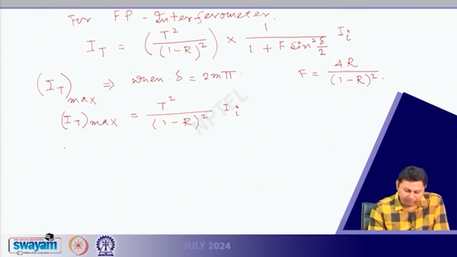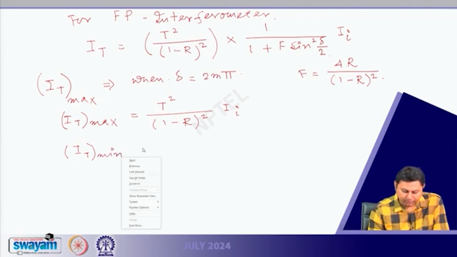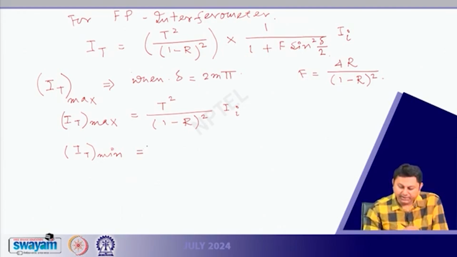In a similar way, if I want to find IT minimum, one can get this when sine square delta by 2 is 1, that is the maximum value one can get for sine.